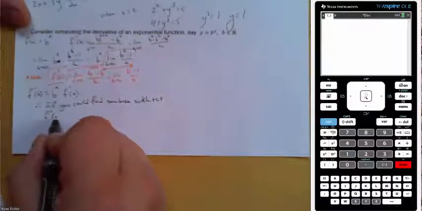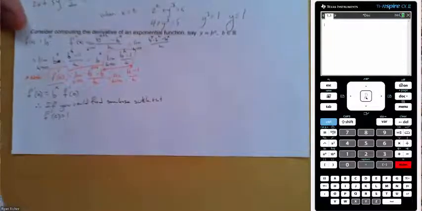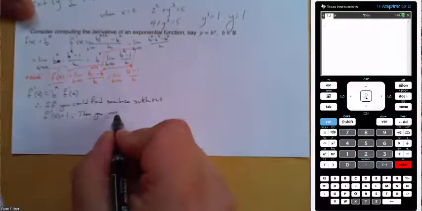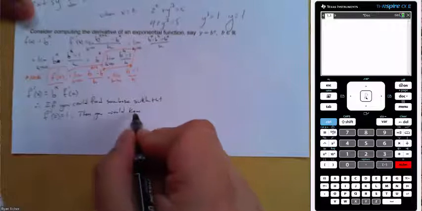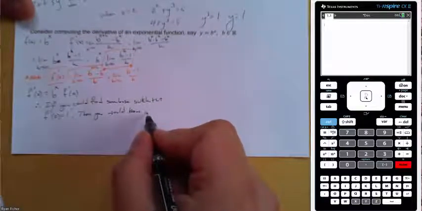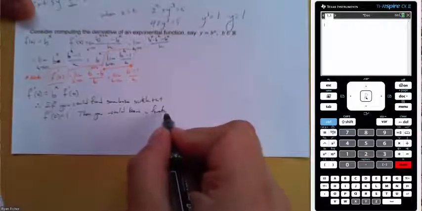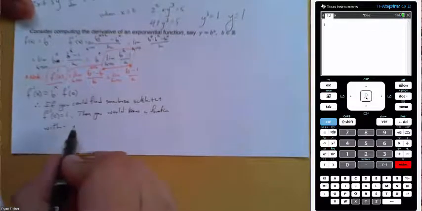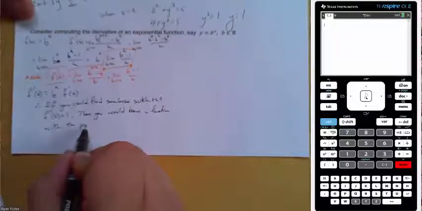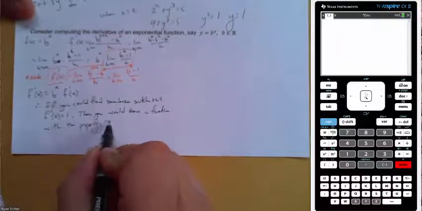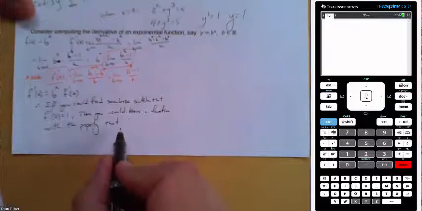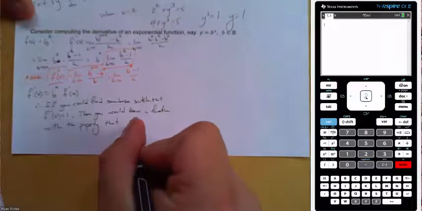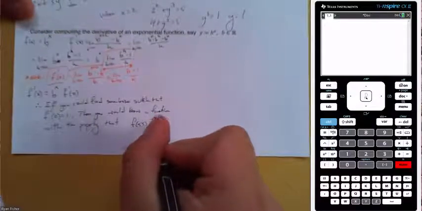If its derivative at 0 was exactly 1, then you would know a function with this really sweet property: the function is just equal to its derivative.